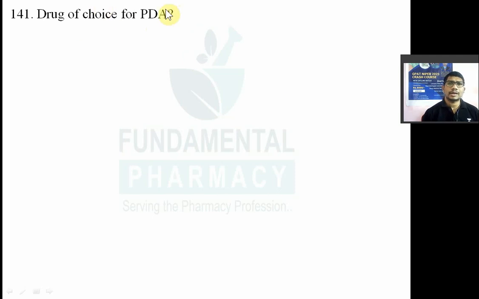It is a congenital condition. It is a genetic disorder of your heart, a genetic defect in the heart. So what happens in this PDA, patent ductus arteriosus?